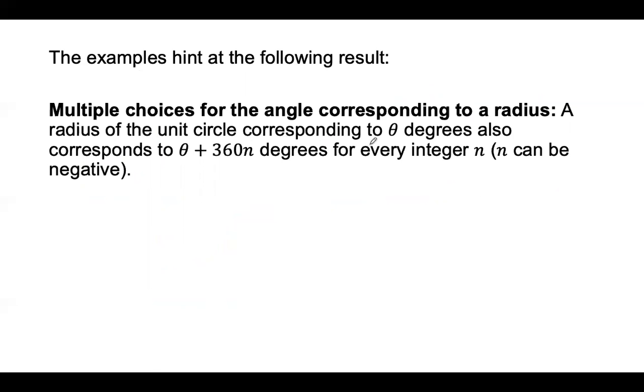A radius of the unit circle corresponding to your degrees also corresponds to that angle plus n times 360 degrees, where n is basically any integer, positive or negative. So we have this n here.